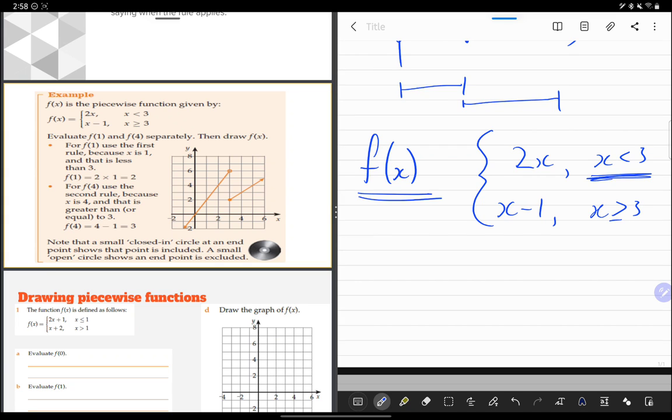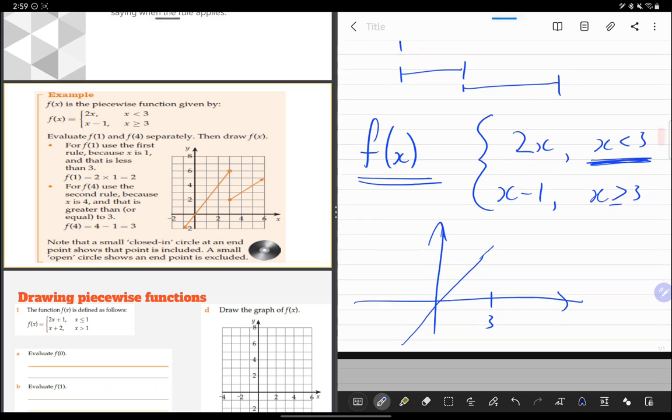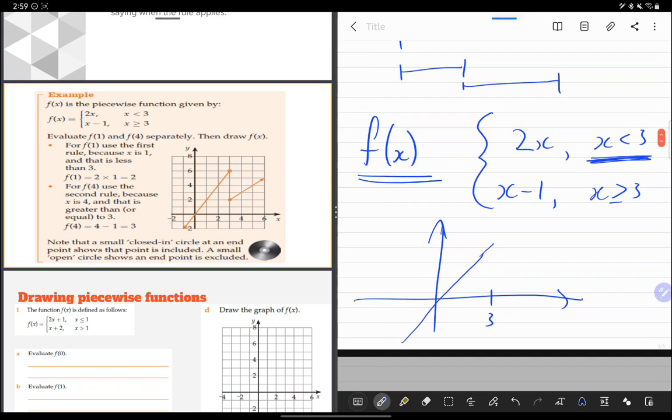So what this means is when x is less than 3, let's say this is 3 here, all of this area here, anytime we want to work with that area, we know we're going to deal with this equation, 2x, which goes something like that. I know it's not an accurate drawing, but just to show.